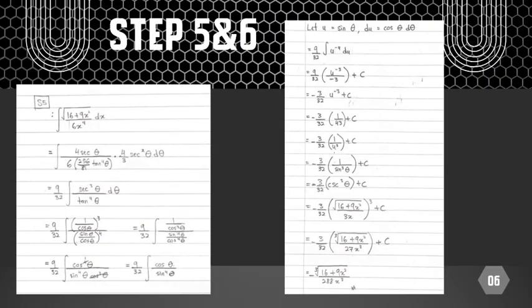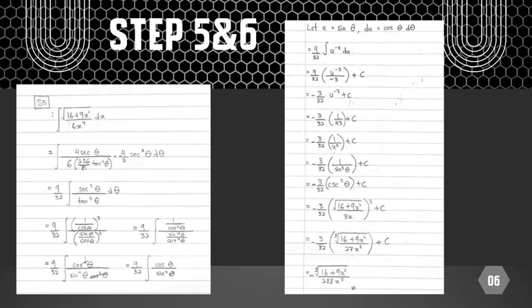For step 5, we rewrite the equation based on the question, substitute each part, and then integrate until we get 9 over 32 times the integral of cos theta over sine to the power of 4 theta. Then we let u equal sine theta, so du equals cos theta d theta.